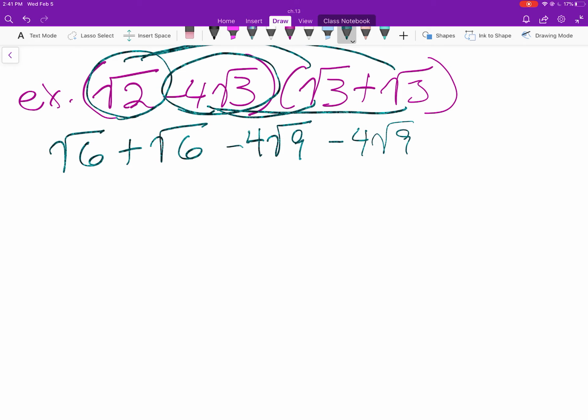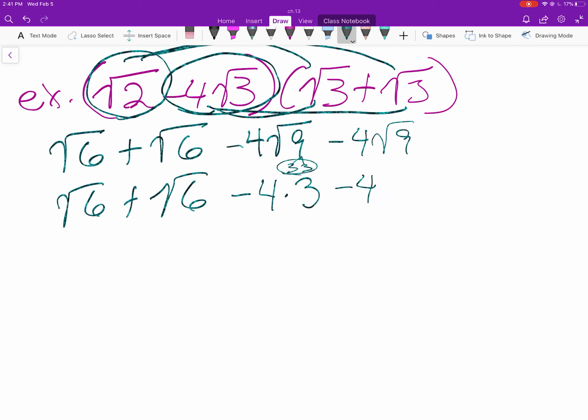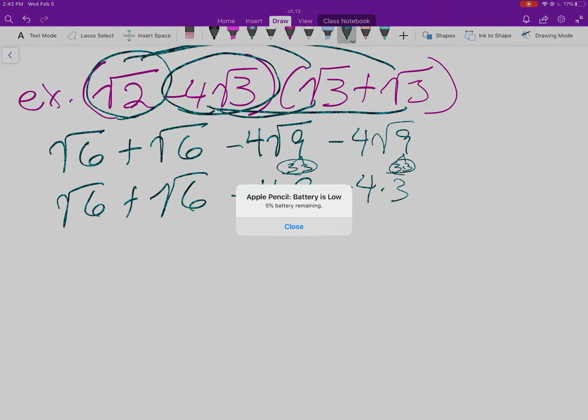All right? Well, you've got the square root of 6 plus the square root of 6, and then negative 4 times 3. Why? Because this is 3 times 3, y'all. And then negative 4, and this is 3 times 3, so that would be 3, okay?